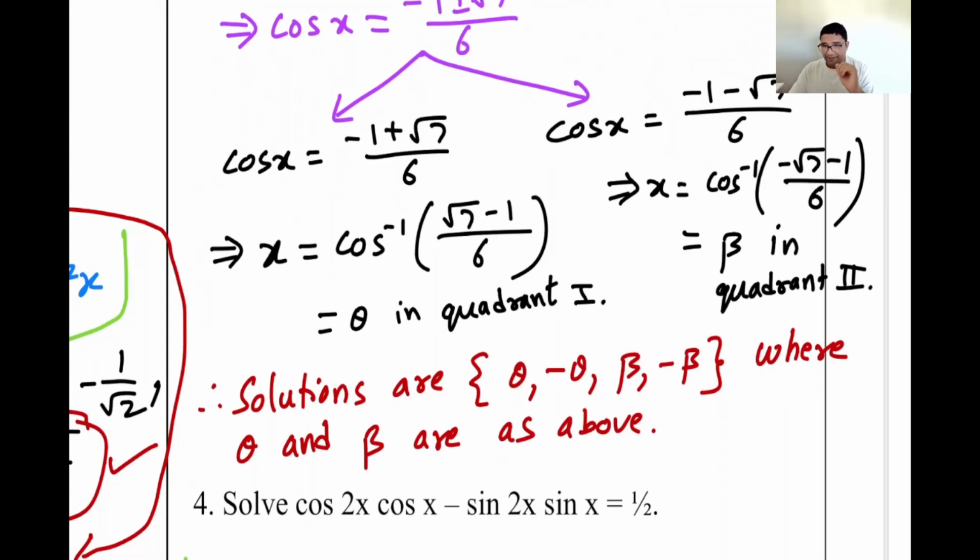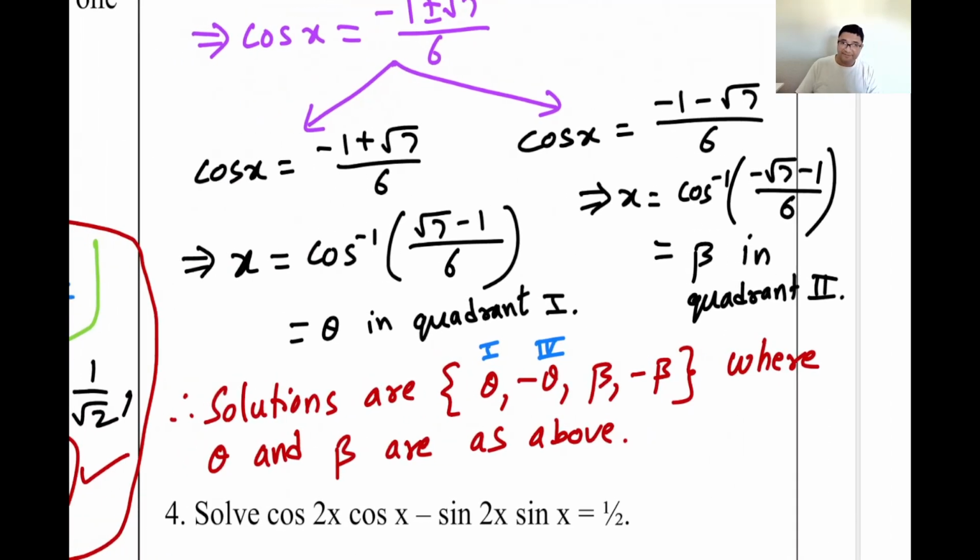Okay. In fact, if you want, I can give you the quadrants. Theta is in the first quadrant, so minus theta will be in the fourth quadrant. Beta is a negative value, so we said the smaller of them will be in the second quadrant.